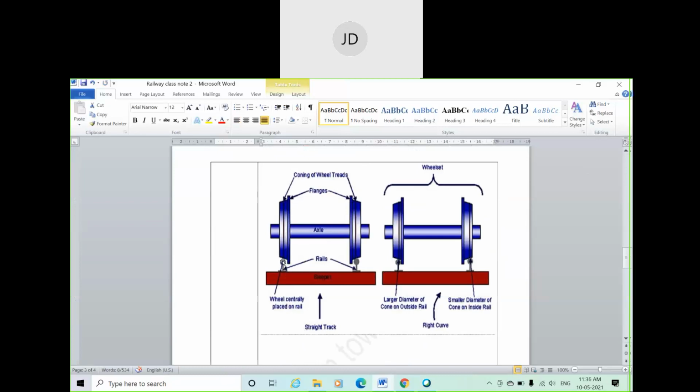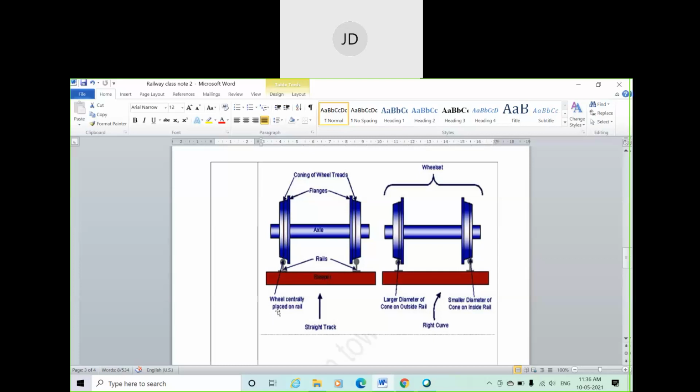Fine, and the point of contact of the wheel with the rail. This is the rail part. Okay, this is the rail and it is fixed with the sleeper. This is the sleeper part. Okay, so the contact point of the wheel with the rail may be deflected at some point, but finally it will automatically come to the central position.